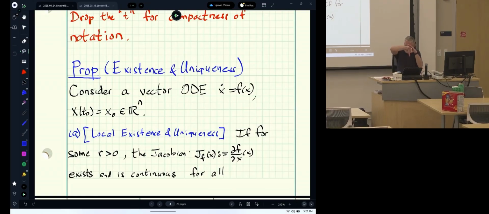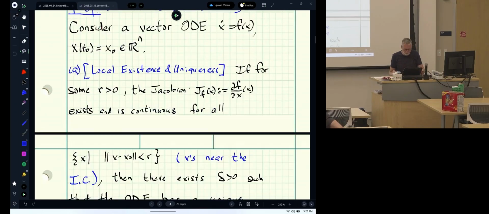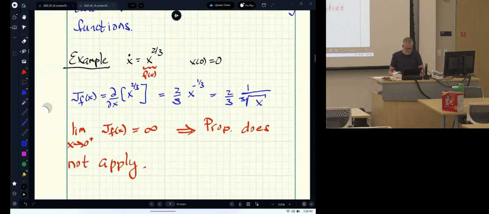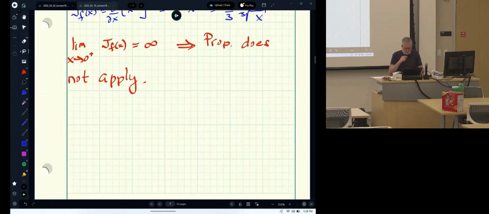And if the derivatives on the right-hand side are globally bounded, then solutions exist forever. So that's very powerful. The theorem is a special case of the contraction mapping theorem.